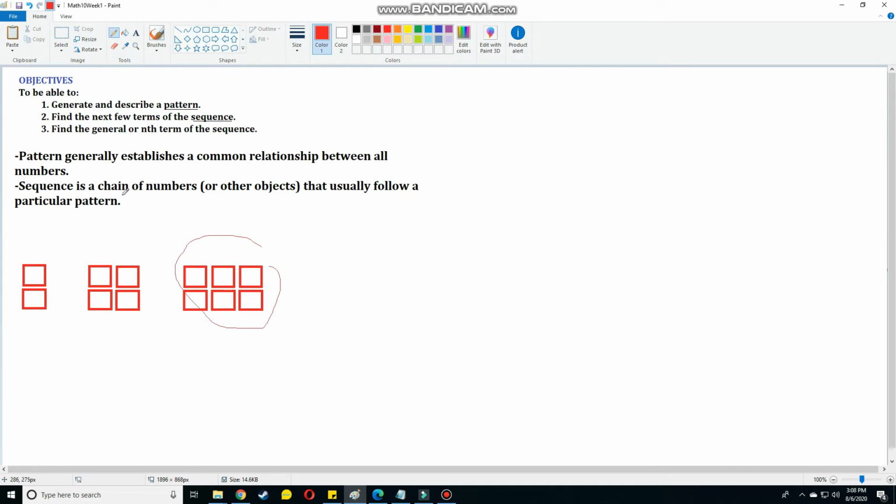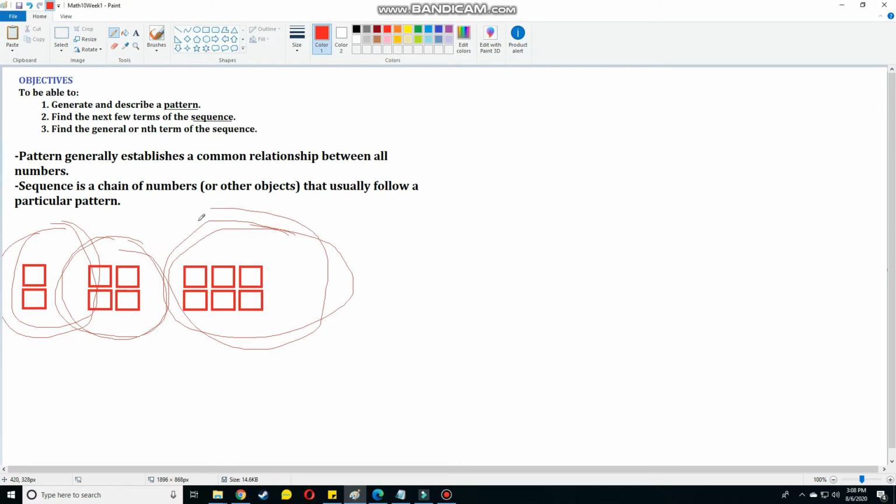By definition, when we say pattern, it generally establishes a common relationship between all numbers or objects. So let's add that, all numbers or objects. Now, what's the relationship? All of them are boxes. Yes, that's one observation why we could consider it a pattern. And what else?